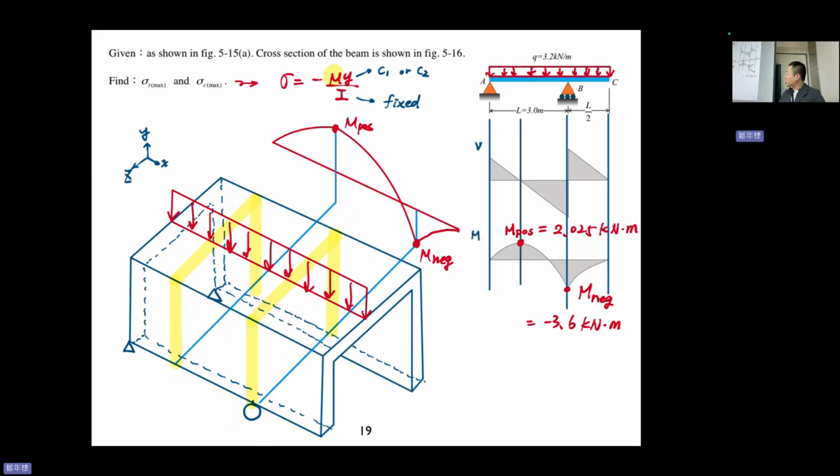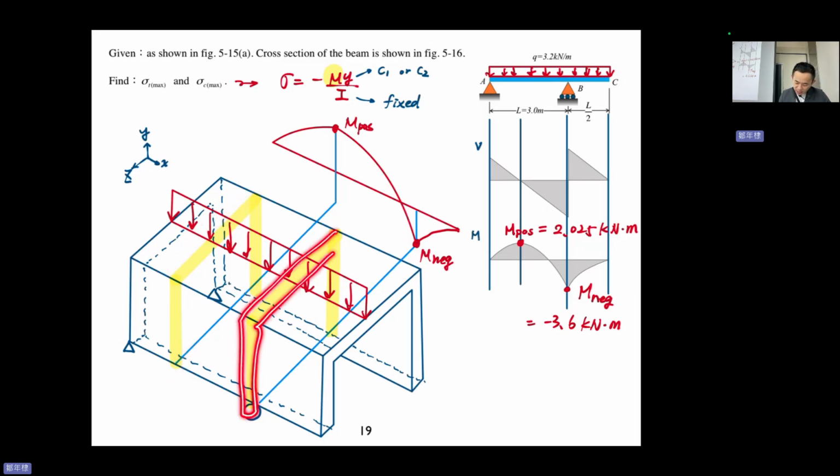And you can imagine the two yellow cross sections. The first yellow cross section is focused on the positive moment, so this cross section has a positive moment acting on it, and the other has a negative moment. This positive moment will compress the top and the bottom will be in tension, and vice versa.